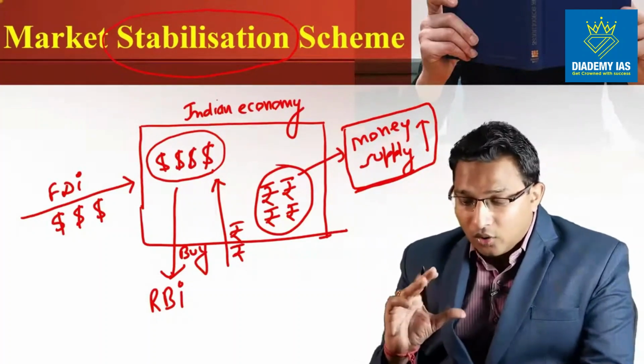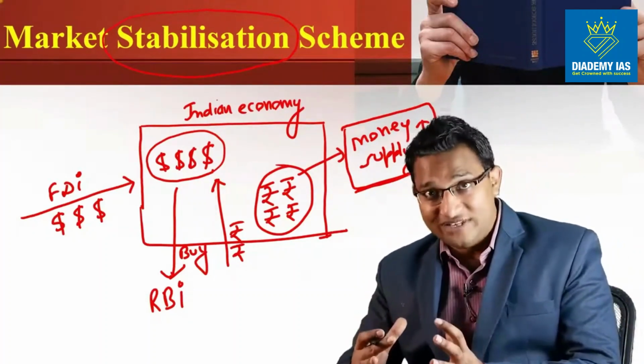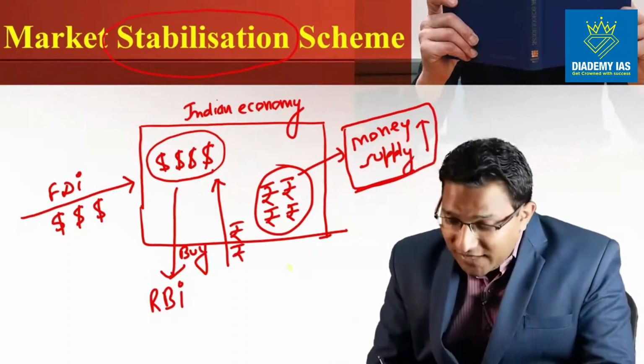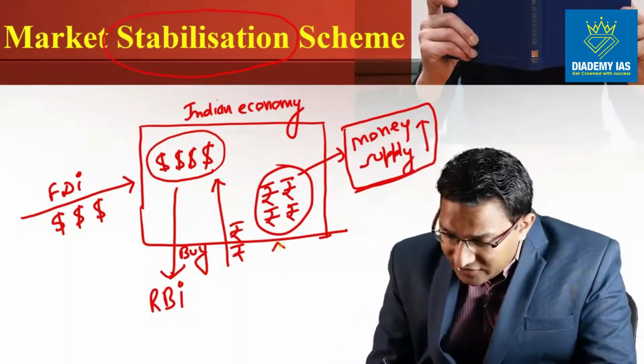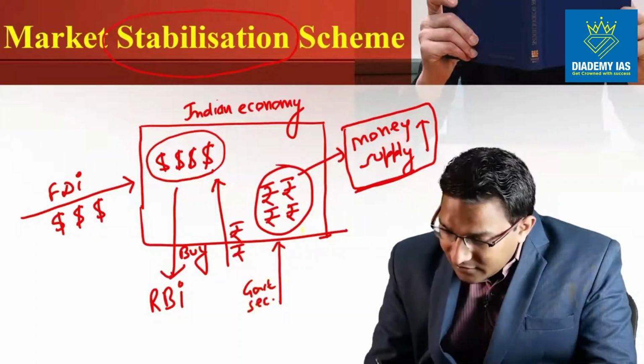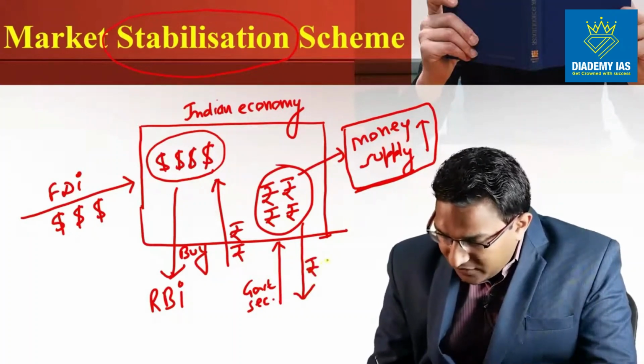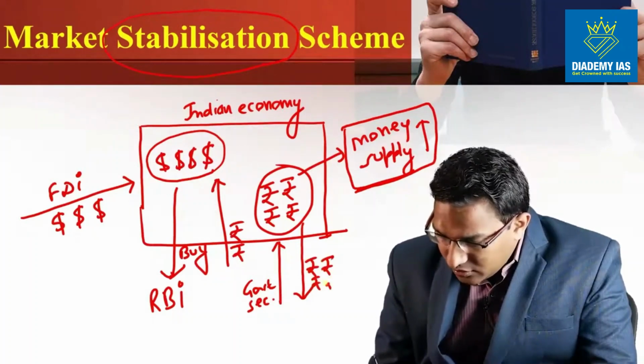Now what does RBI do? RBI has some government securities with itself. RBI will sell the government securities and bring these rupees back. So the rupee will start coming back now.